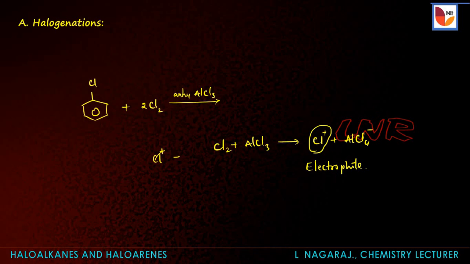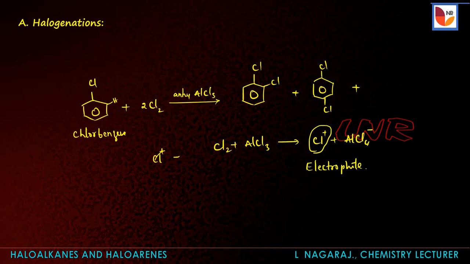That is, when chlorobenzene reacts with chlorine in the presence of anhydrous AlCl3, it gives a mixture of ortho dichlorobenzene and para dichlorobenzene, that is, Cl attached at the ortho positions as well as at the para position, and there is a replacement of hydrogens at ortho and para positions.